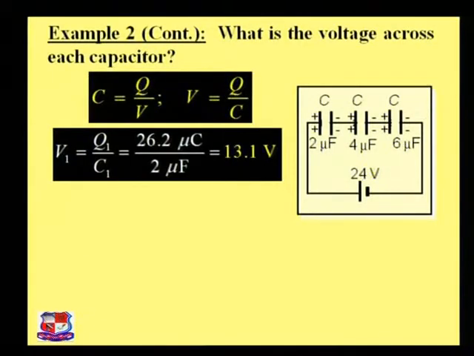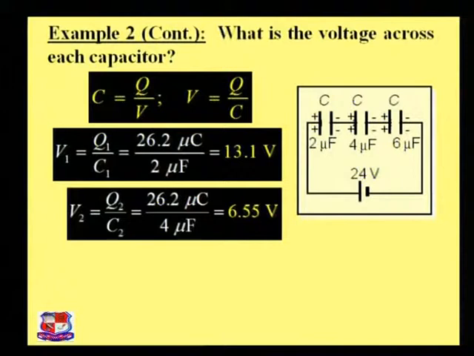Now the voltage across each capacitor, that is V1, V2 and V3. As we know, the voltages are different across the capacitors. So V1 equals Q1 by C1. Using that equation, we find 13.1 volts across capacitor 1.